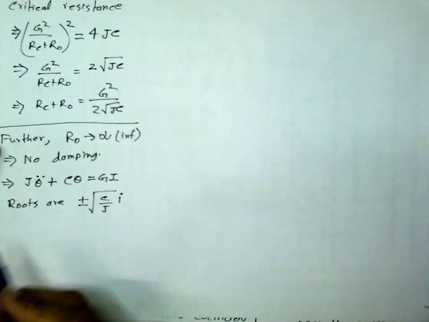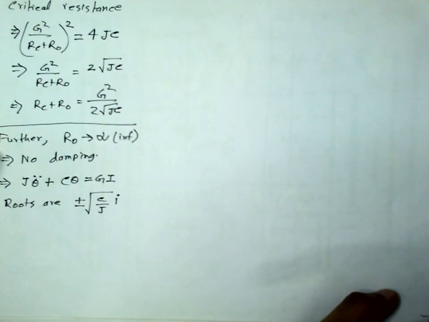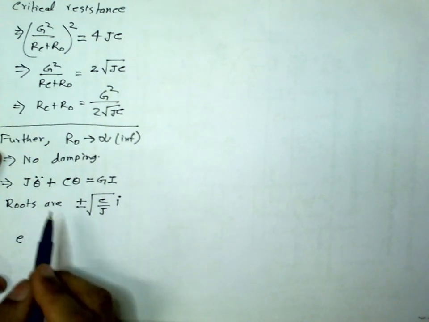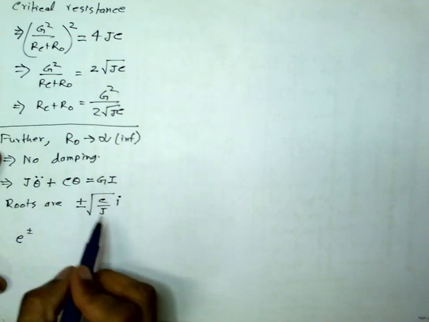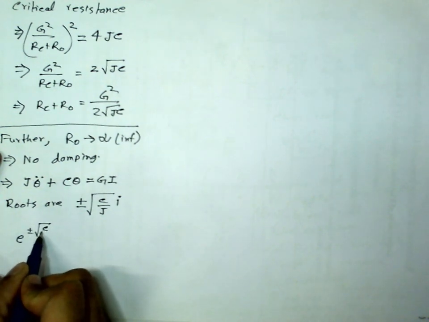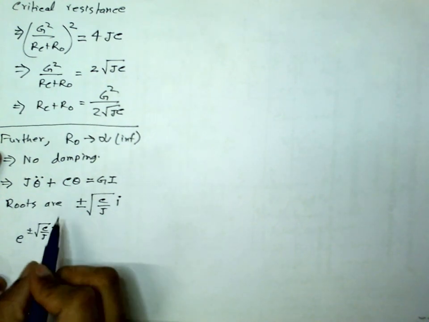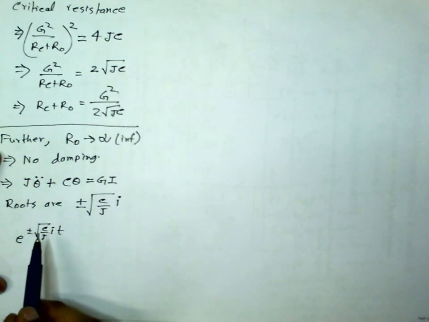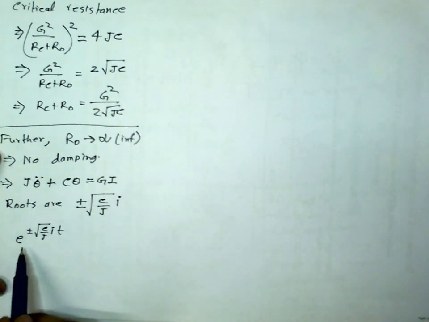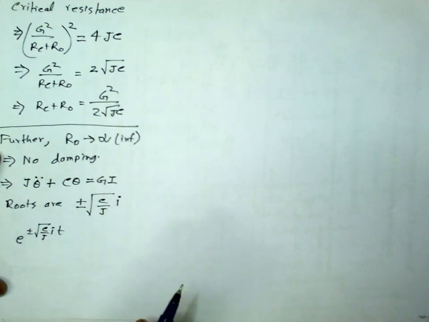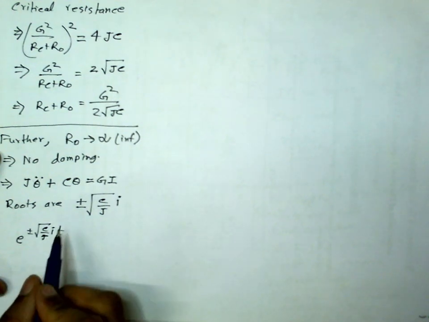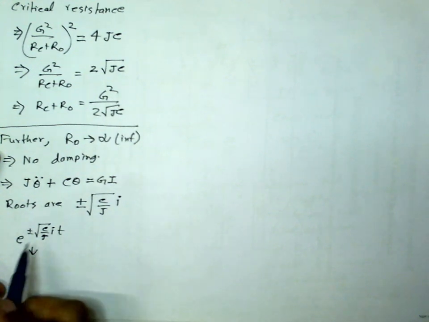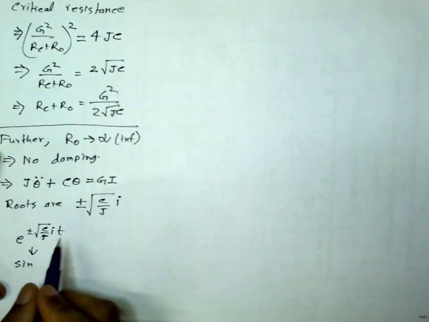So the solution will have terms like e to the power plus or minus root over C by J i t. So there will be two terms with two constants, and then if you just manipulate them, it will come up with two terms, sine and cosine, that you all know.